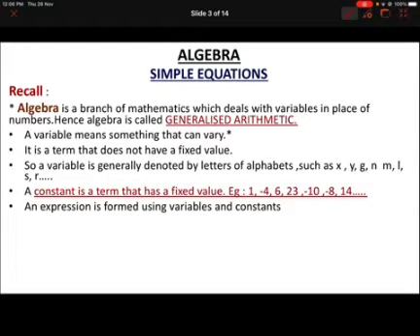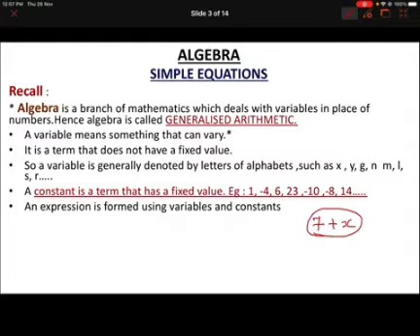For example, if I simply write 7, that becomes a term. To this 7, if I add a variable, let's say x, then this also is called a term. This term can also be called an expression. Did you understand?